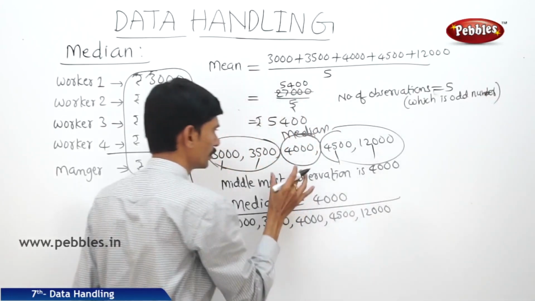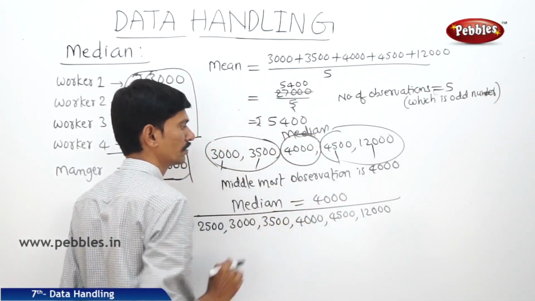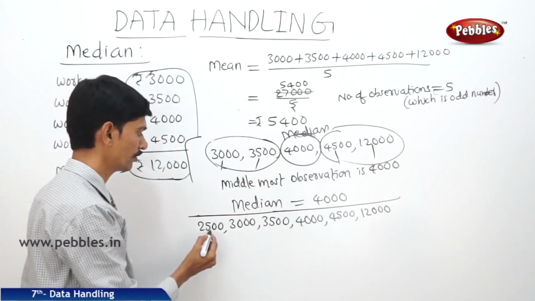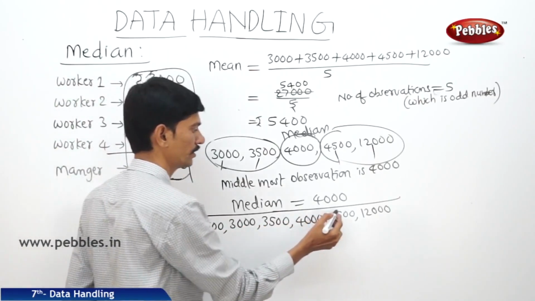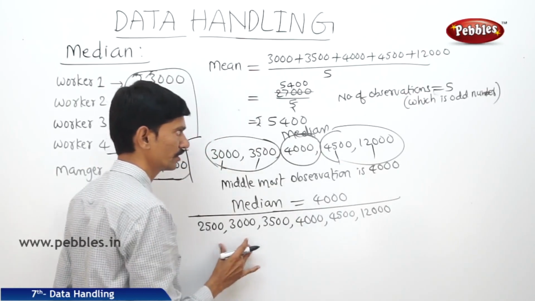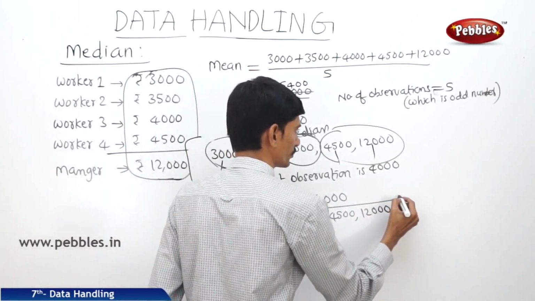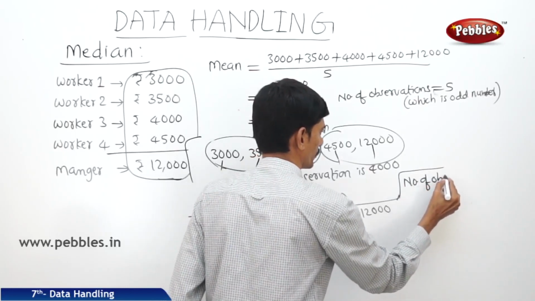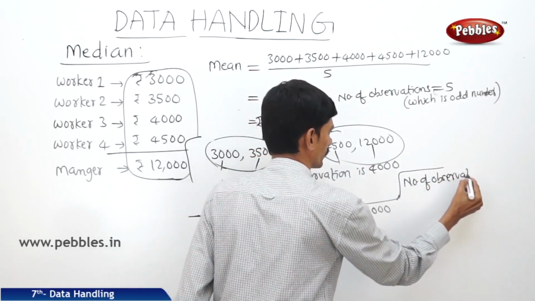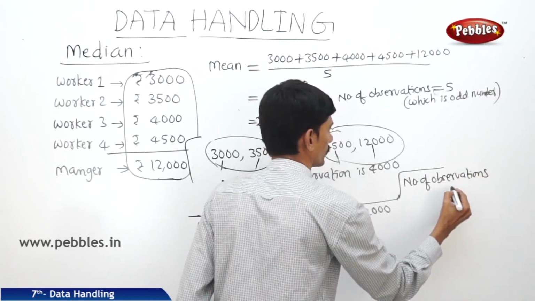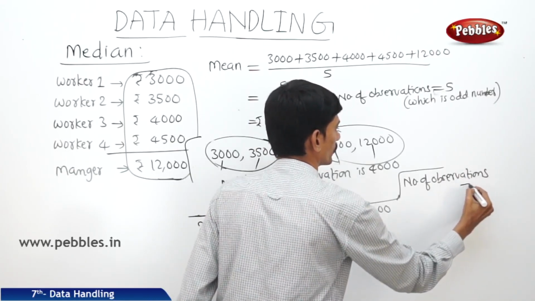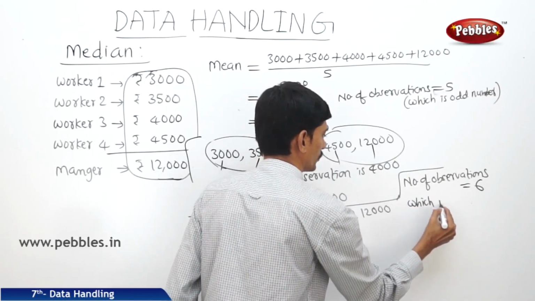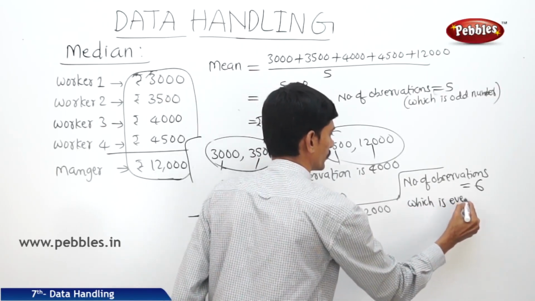So then we get only one middlemost value, that is the median. If the number of observations is even number, like 1, 2, 3, 4, 5, 6, so there are 6 observations, which is even number.